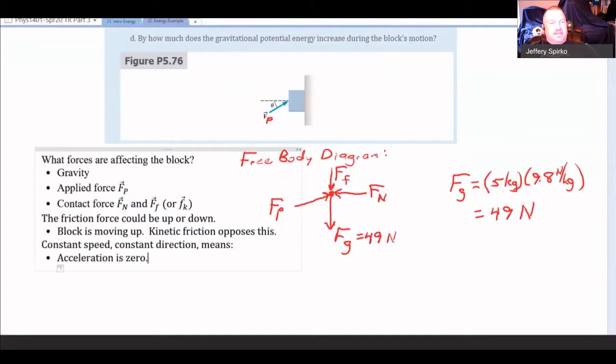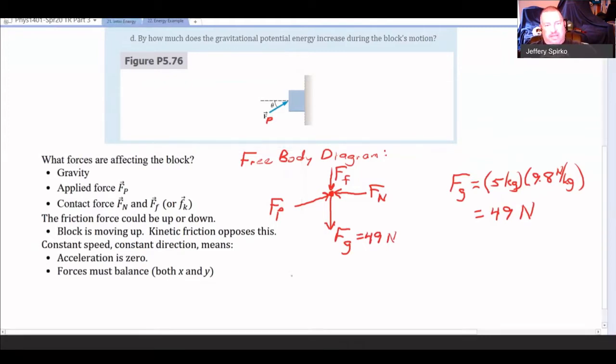So that means that the acceleration of the block is 0. And that means when we go to do Newton's second law, our forces must balance, both x and y direction forces. So let's see what we get in the two directions.